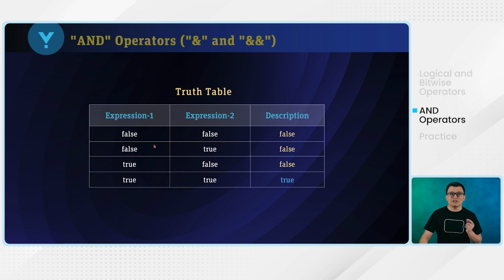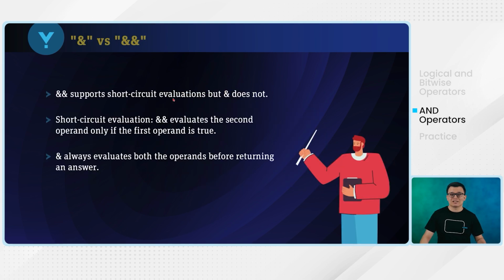Okay? But if I am using the bitwise AND operator and the first expression is false, the second expression still has to be evaluated, even though the final result is still going to be false at the end. So, to recap the short circuit evaluation: if one expression is false in the logical AND operator, the final result will be false, with no need to check the second expression.